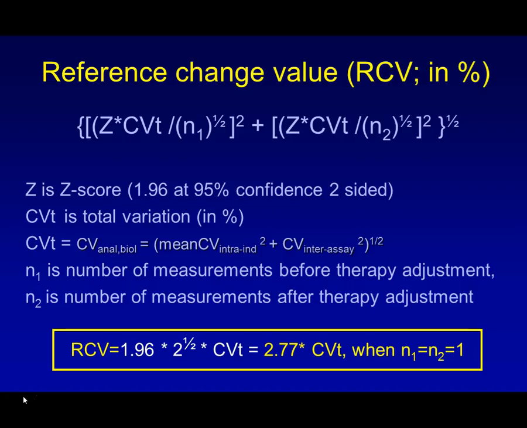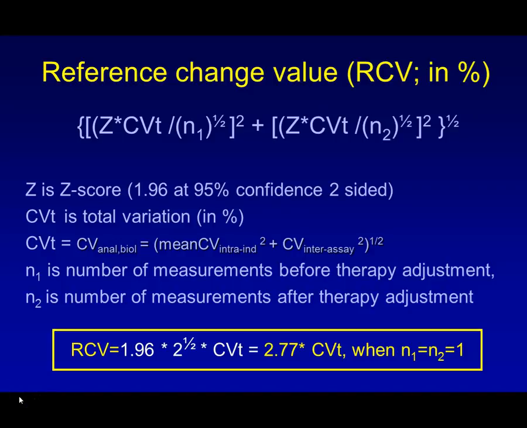We use a complex formula to calculate the reference change value, but when we simplify it, we need to know the total variation, which is the mean of the intra-individual variation and the inter-assay variation, to calculate the total difference.